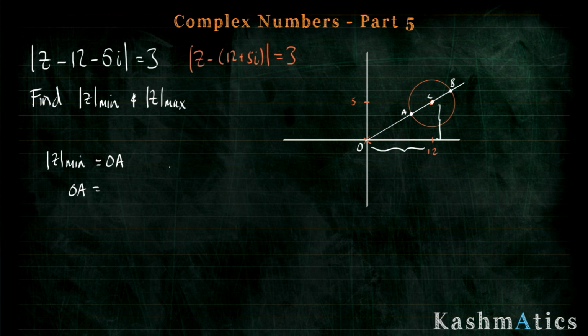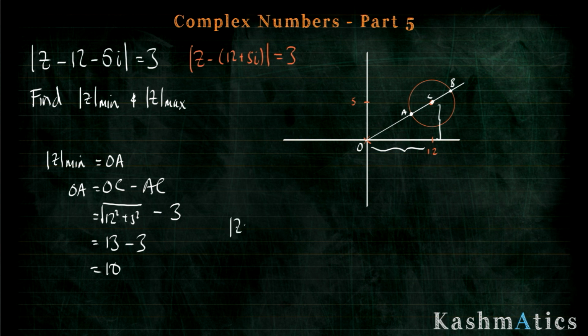So OA is OC take away AC. AC is the radius, so that would be take away 3. And OC I can use Pythagoras to work out, so that would be the square root of 12 squared plus 5 squared. That would be 13, take away 3, which is 10.